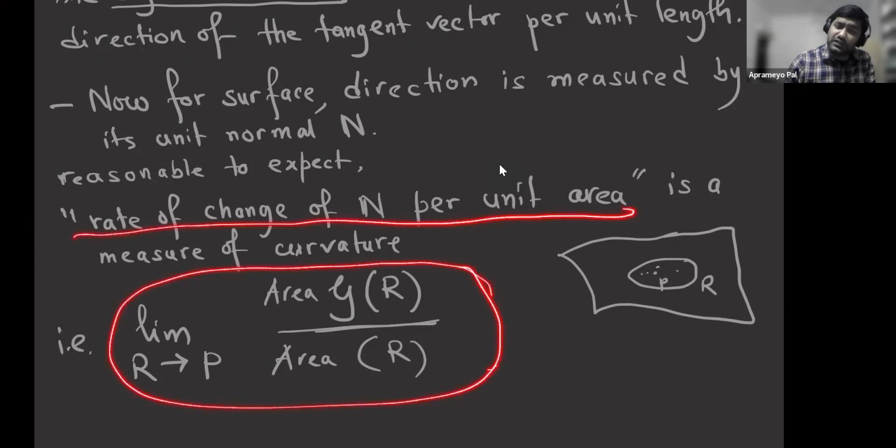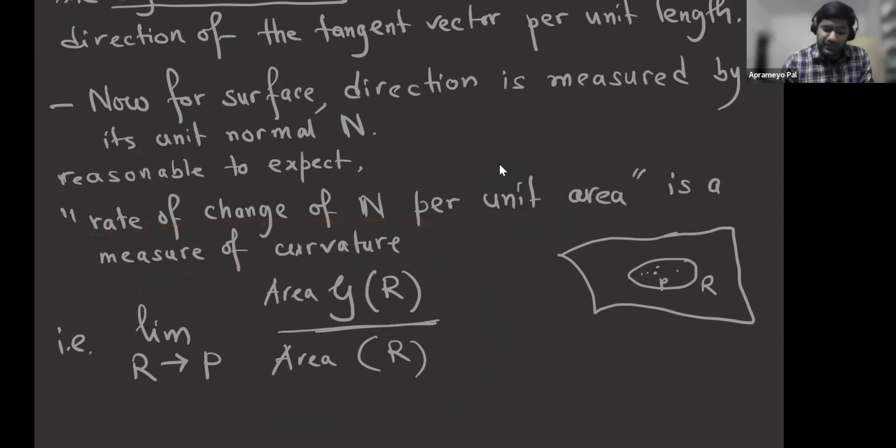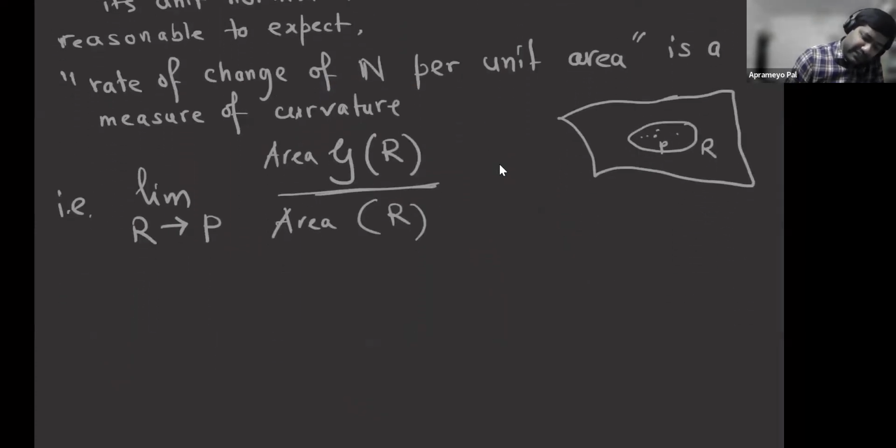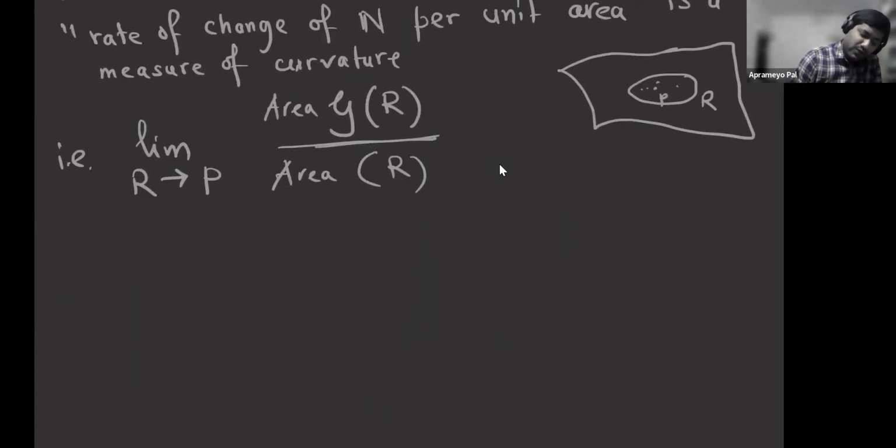So this should be somehow related to the Gaussian curvature, right? And that's exactly what Gauss also envisioned, and that's the next theorem.